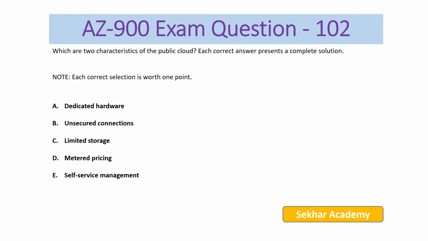The options we have: A, dedicated hardware; B, unsecured connections; C, limited storage; D, metered pricing; and E, self-service management. So the right answer is D, metered pricing, and E, self-service management. These two are the major characteristics of the public cloud.